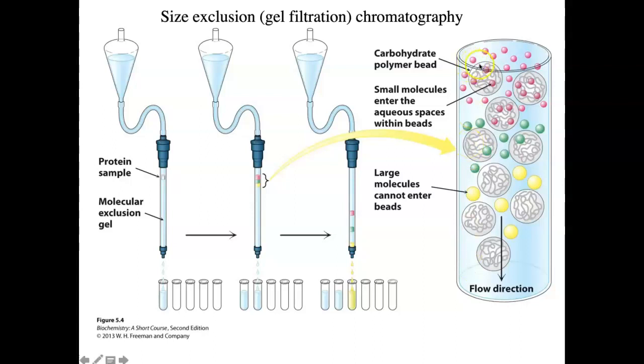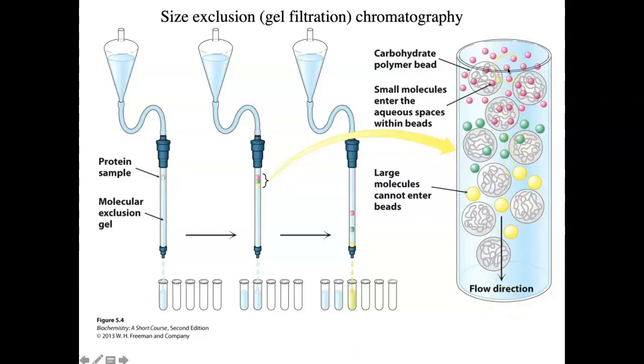Small molecules will travel through the beads, and so take longer paths to get out. And some intermediate molecules will go a little bit into the beads and then come around. So that's our separation by size. Large come out first, small come out last.